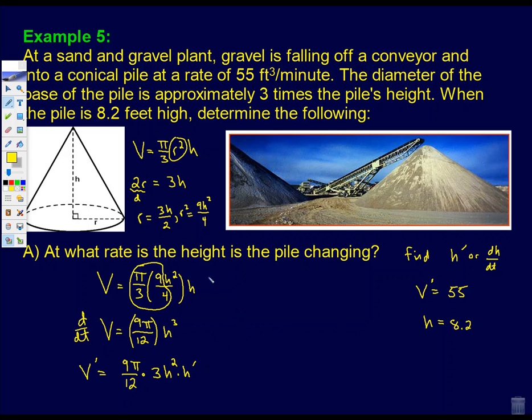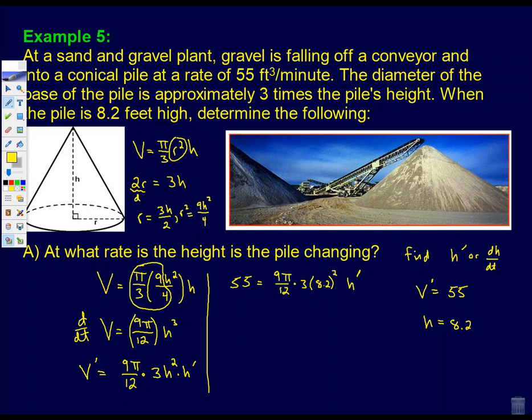So let's fill it in here, starting with the derivative of v is 55 cubic feet per minute. The constant 9 pi over 12 starts the right side, 3, and then the height is 8.2. We're squaring that quantity, and then h prime is the variable that we're left to solve for.